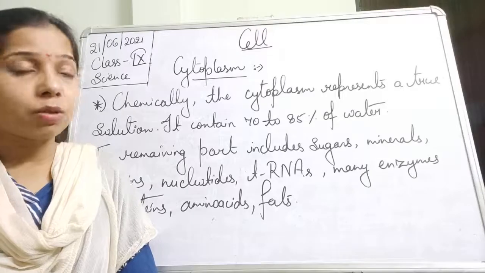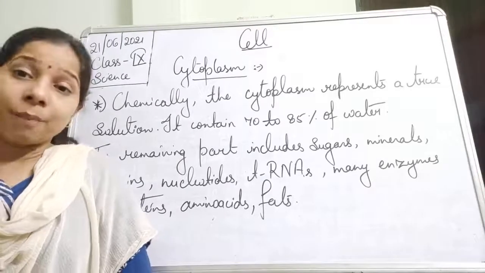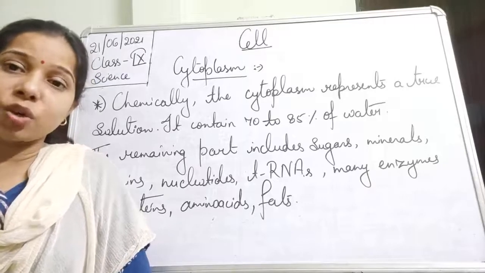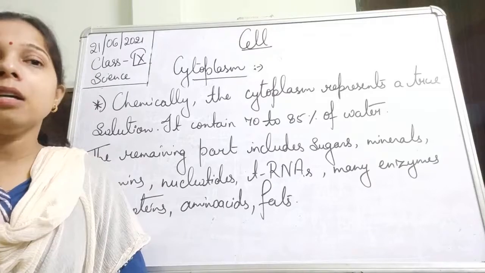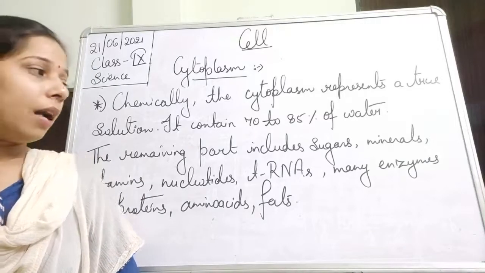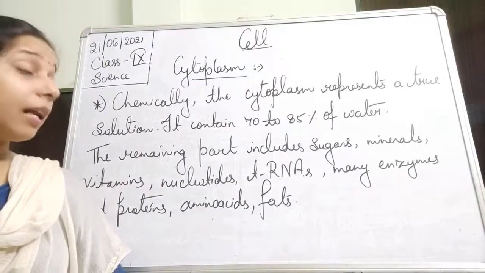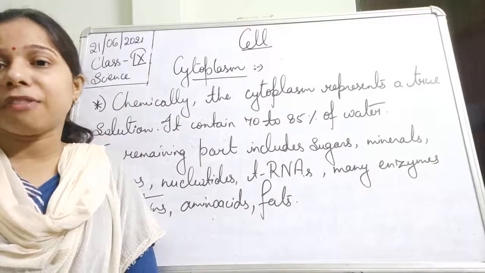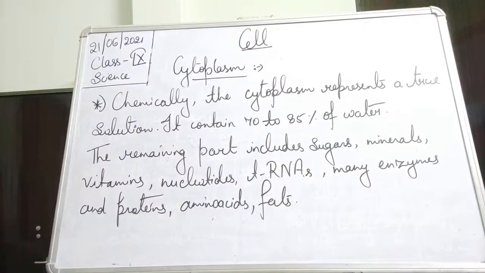Besides cell organelles, students, there are sugar, minerals, vitamins, and nucleotides, which help in the formation of DNA. Then tRNA, which is also called transfer RNA. And then many enzymes, amino acids, and emulsified fat are also present in the cytoplasm.